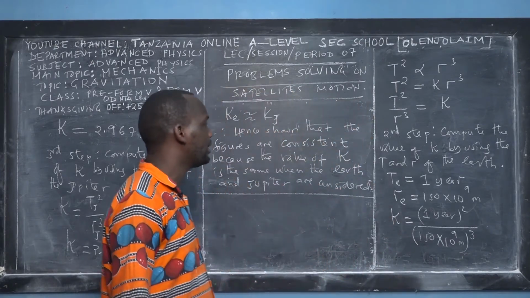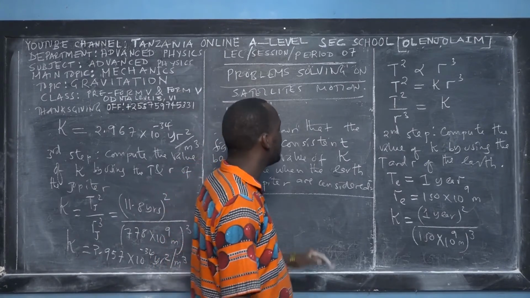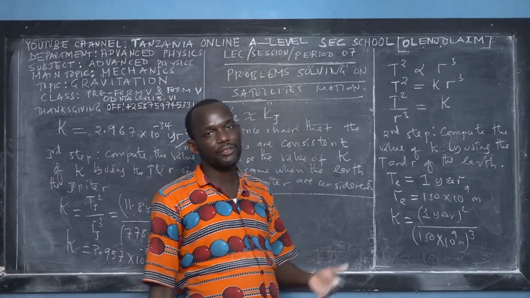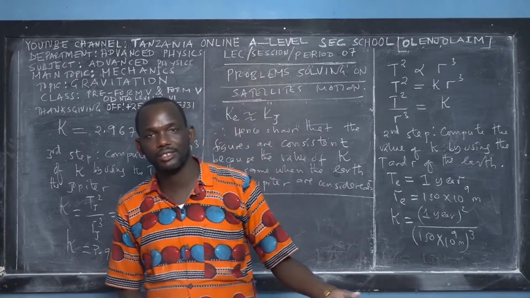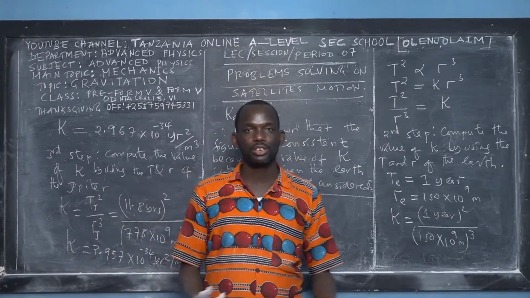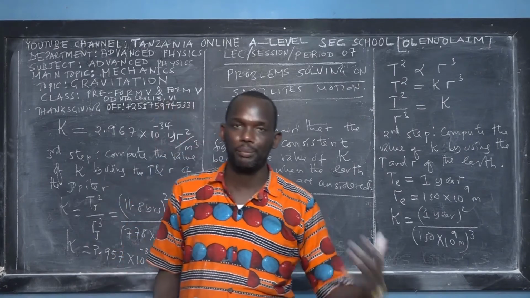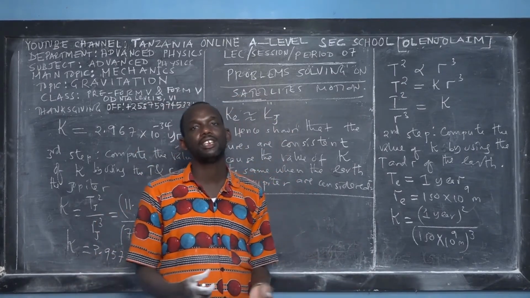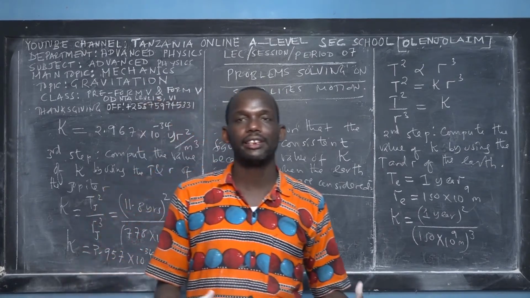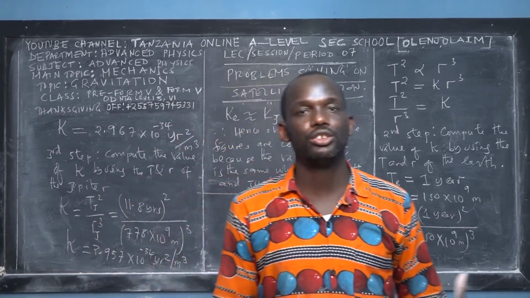In case you didn't understand any point, repeat this video as many times as you can. Sometimes I might be going very fast, but that's the beauty of digital technology: you can pause the video, repeat it, watch it twice, three, four, five times, until you are satisfied that you have understood what has been taught.